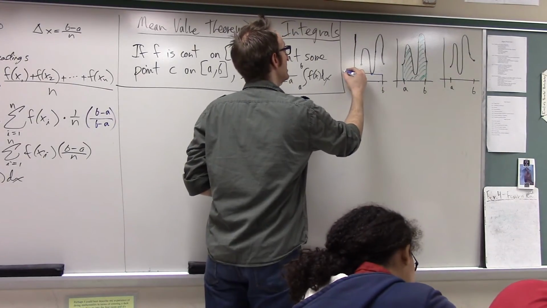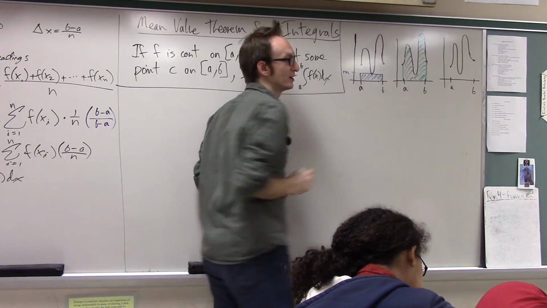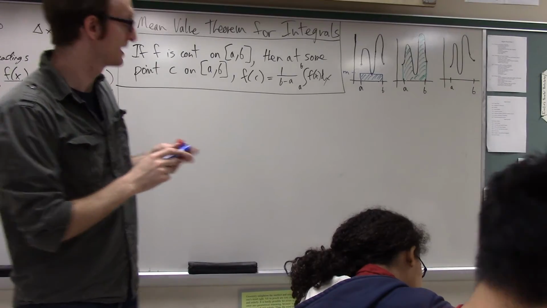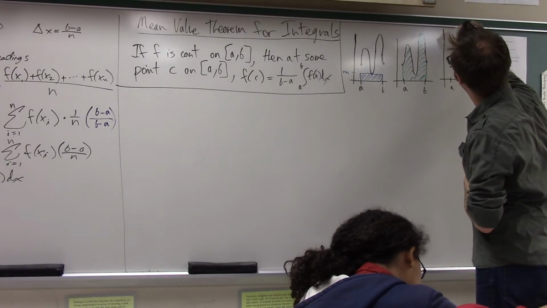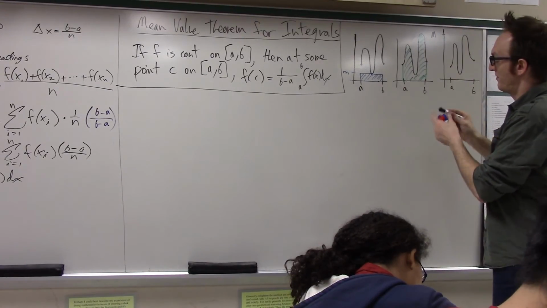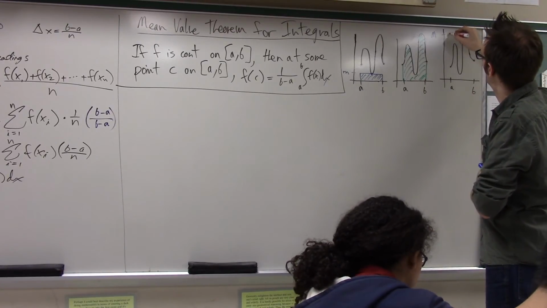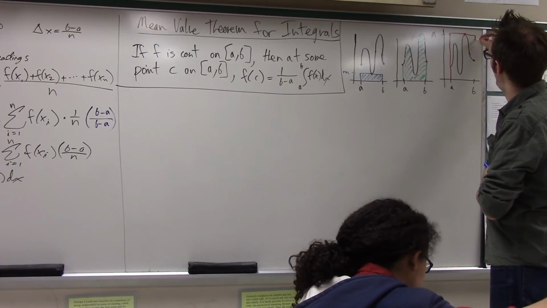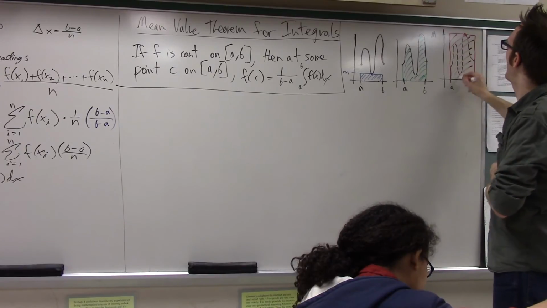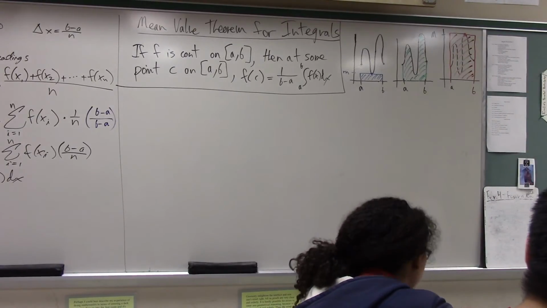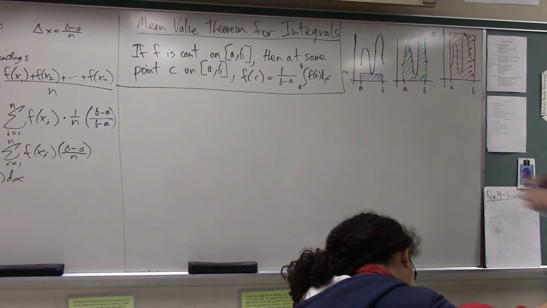So let little m be the minimum value of the function on the interval AB. And then conversely, let big M be the maximum value of this function on the interval AB. And if we do that, this green area must lie between the blue area and the red area. Yeah? Okay.